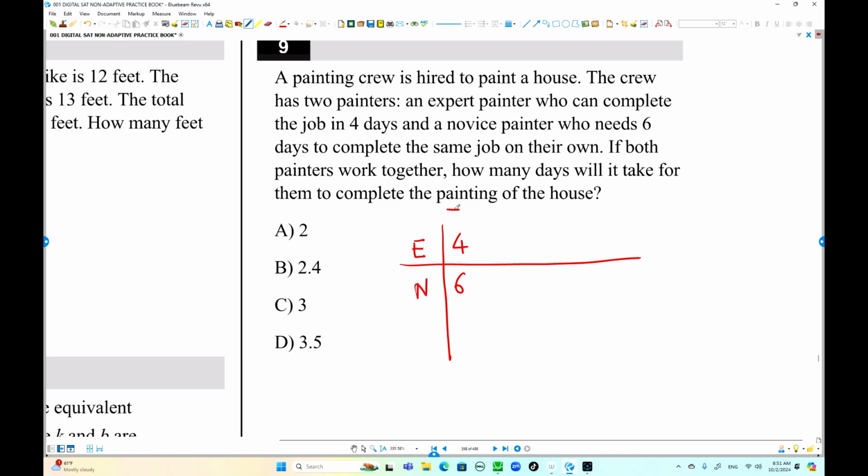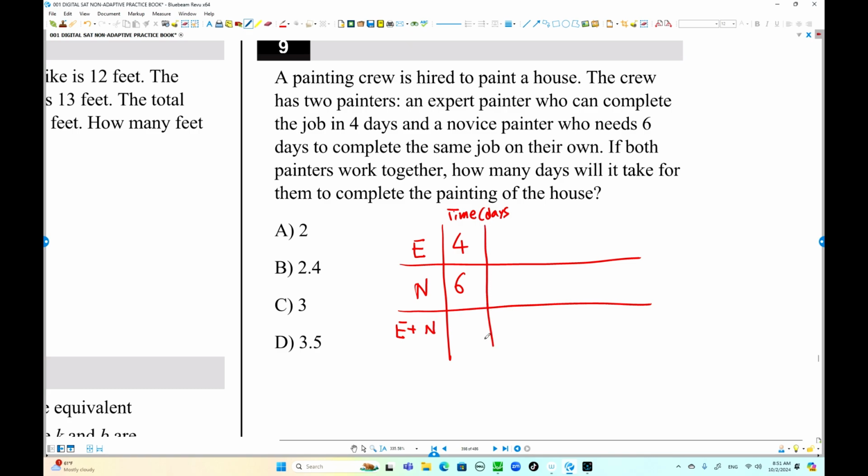That's the time. If both painters work together, how many days will it take to complete the job? Another one over here, E plus N, expert and novice together.